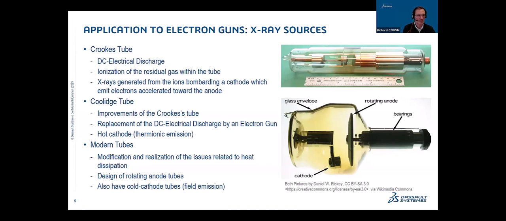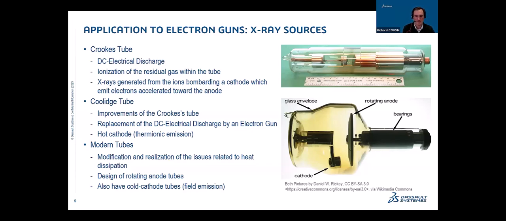There have been some enhancements of the Crookes tubes. This is the Coolidge tube. So we can replace the discharge that we have with an electron gun. That means that in this case, you directly introduce the electron beam into the device, and then this electron beam is going to hit the target, and from the target, you will extract the X-rays. And in modern tubes, as you can also see in the picture on this slide, you have slight modifications and realizations addressing issues related to heat dissipation.